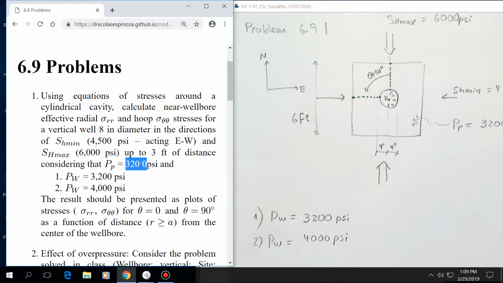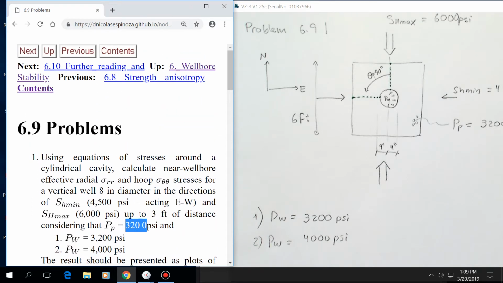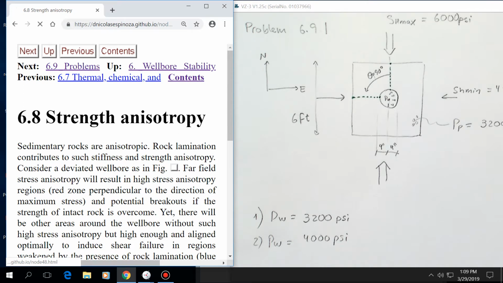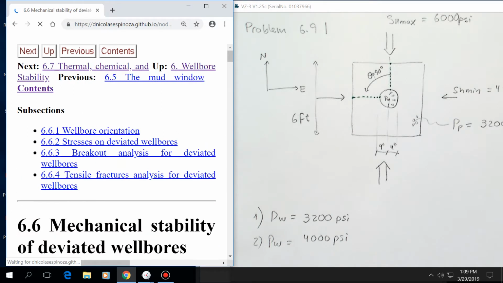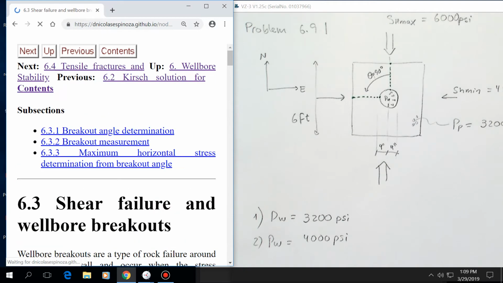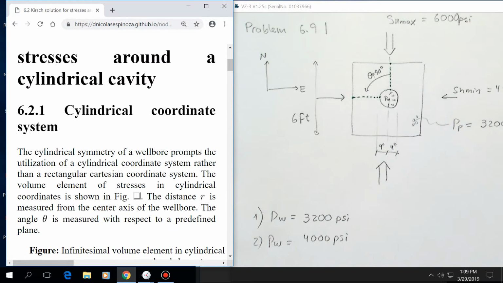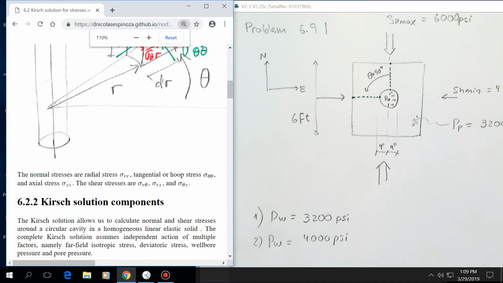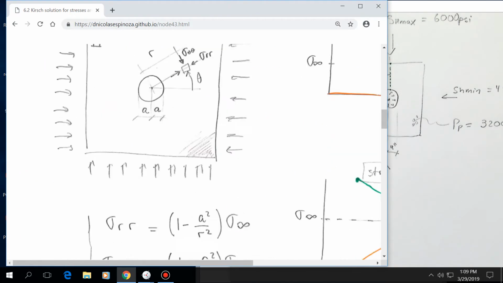Okay, so how do you solve this problem? You use these equations that are right here.